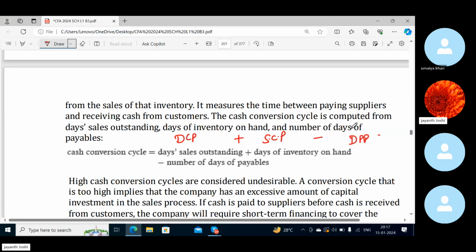That means how many days it takes for you to bring the goods from your supplier and sell them in the market. The sales can be cash sales as well as credit sales. Let's say it takes 50 days for you to collect your money from your customers, and it takes 100 days for you to convert your stock into cash.